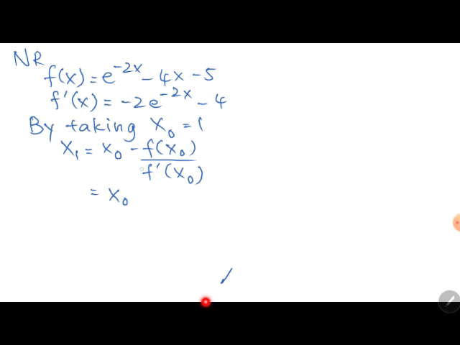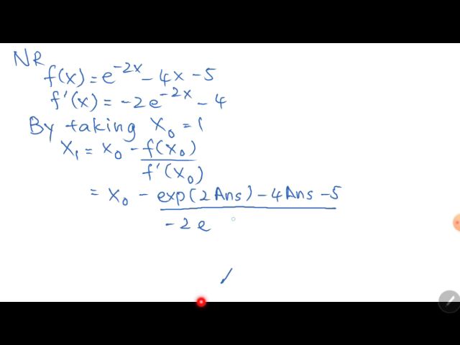Then you key in answer minus, exponential of negative 2 times answer, minus 4 times answer, minus 5, all divided by minus 2 times exponential of negative 2 times answer, minus 4.